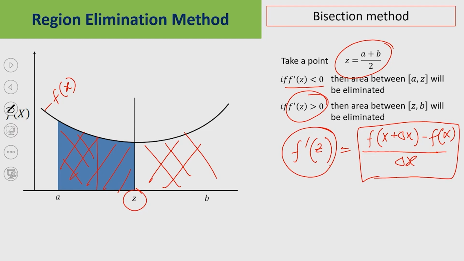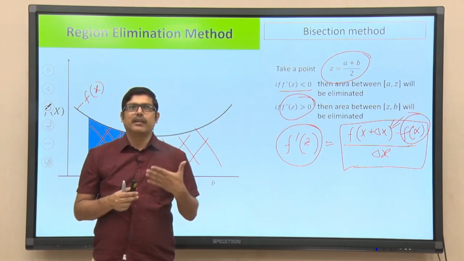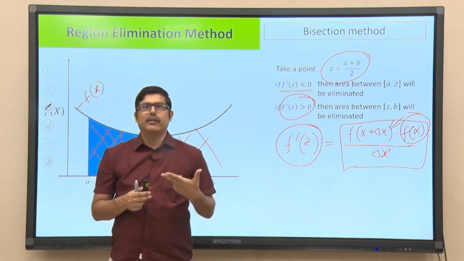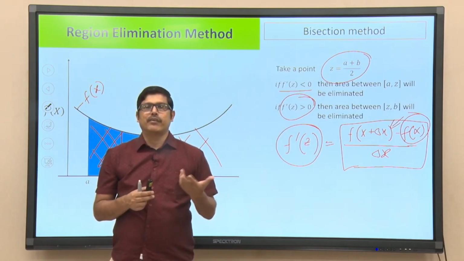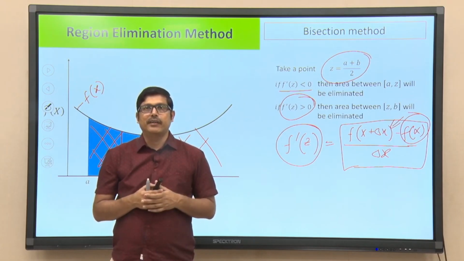That means to calculate the derivative I have to do two function evaluations, at x plus delta x and at x. So, if I calculate the derivative numerically, then I need two function evaluations.